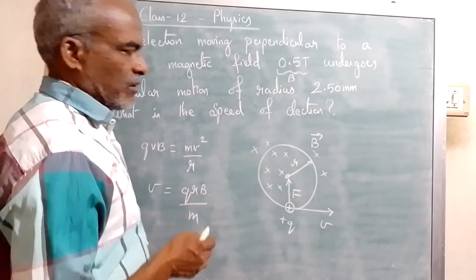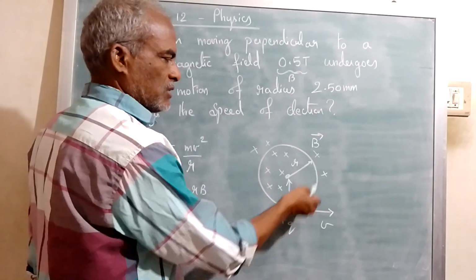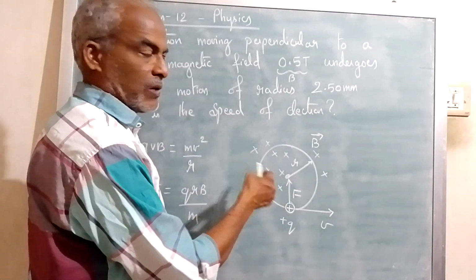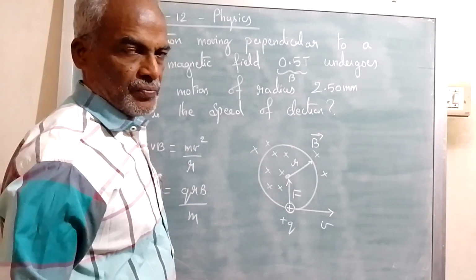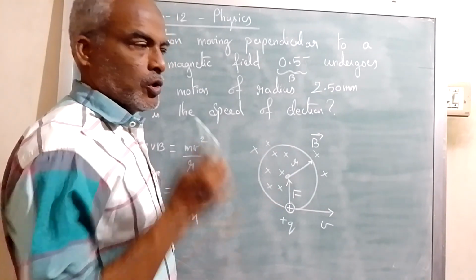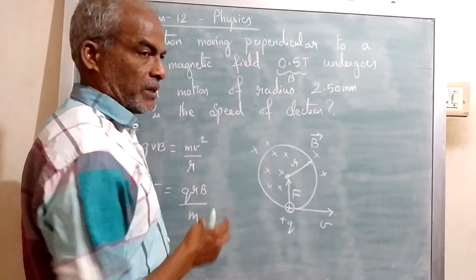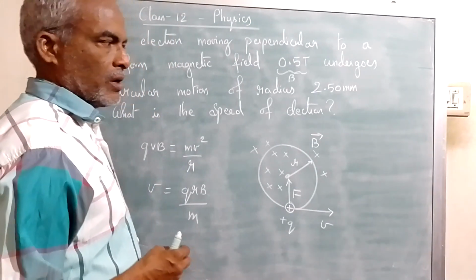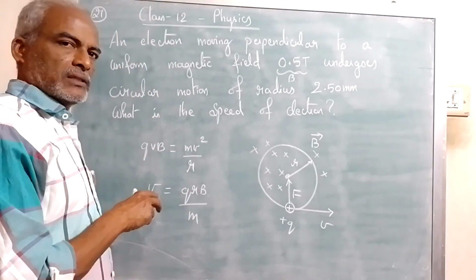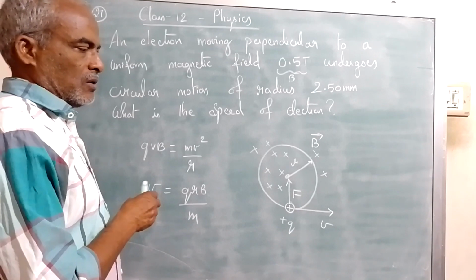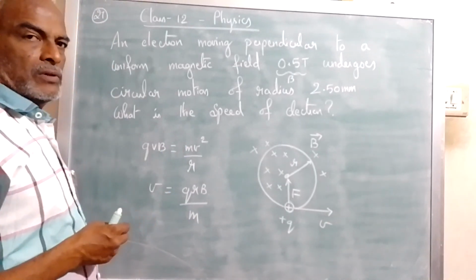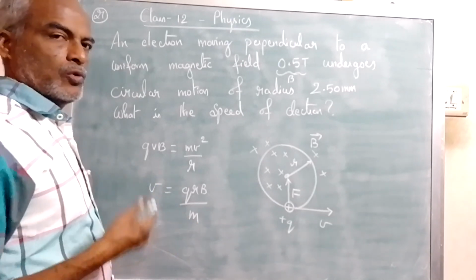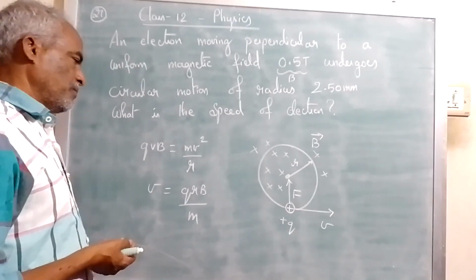If you carefully watch, the charge is moving in a circular path. Therefore, there is a force towards the center of the circle. From the mechanical perspective, it is a centripetal force. And to work out the velocity of an electron moving in a uniform magnetic field, you know the Lorentz force equation.